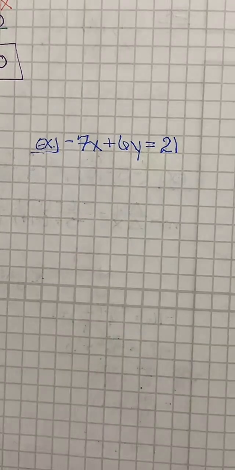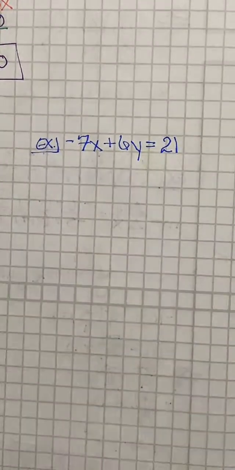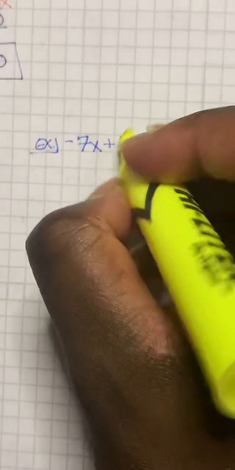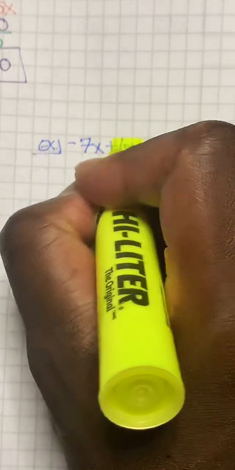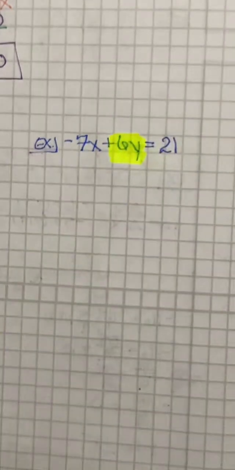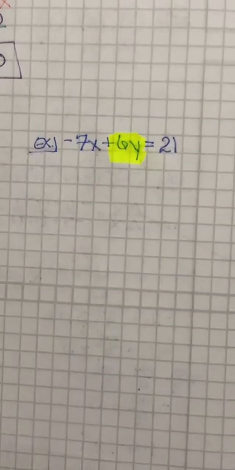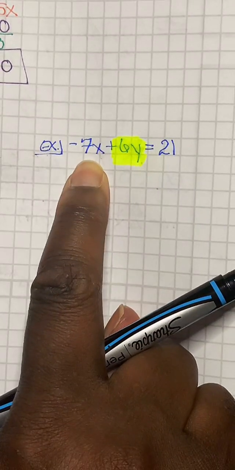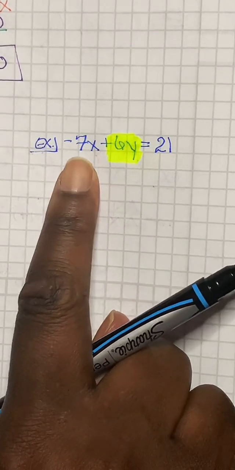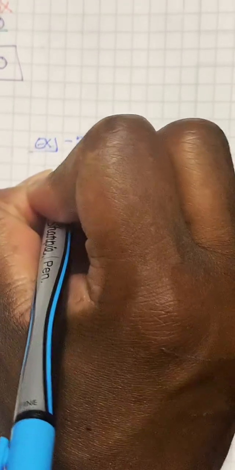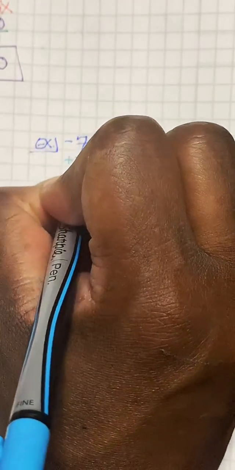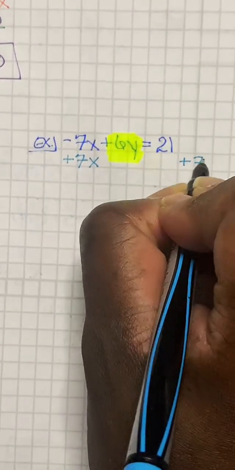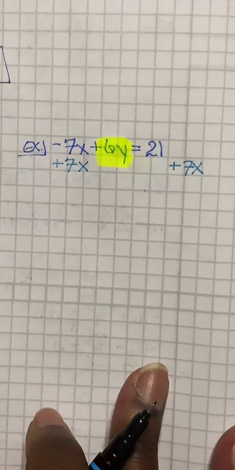So now, first thing, we want to keep the y right where it is. Okay, so we got a positive 6y. If you're the y, 6 is your boo. So we need to get rid of this negative 7x. We have to do the opposite, which is a positive 7x. And whatever you do on one side, you have to do on the other side of the equal sign.